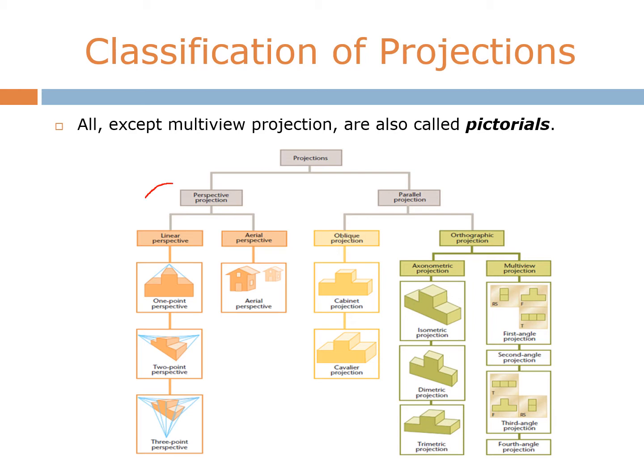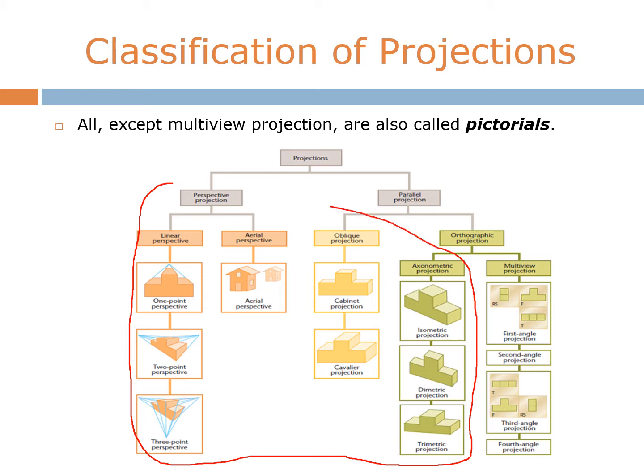For the perspective projection and part of the parallel projection, they all present the object in a more three-dimensional way. So you always have the lines go into the depth to show you what the depth is.